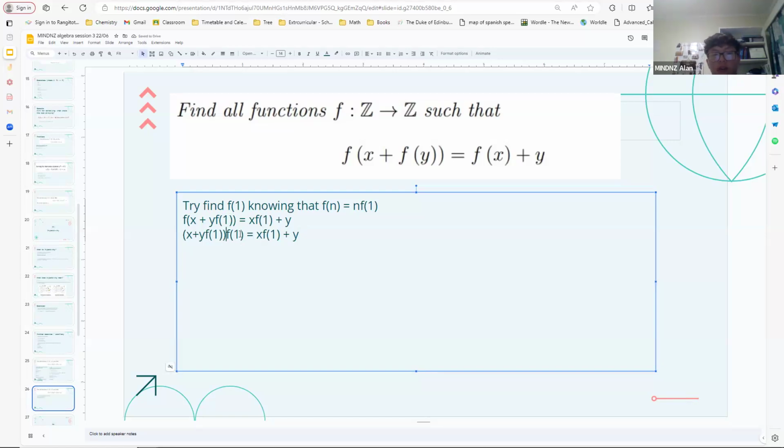Has anyone figured out what f of 1 is? So basically, we can just cancel x times f of 1. And now we know that y times f of 1 equals y.